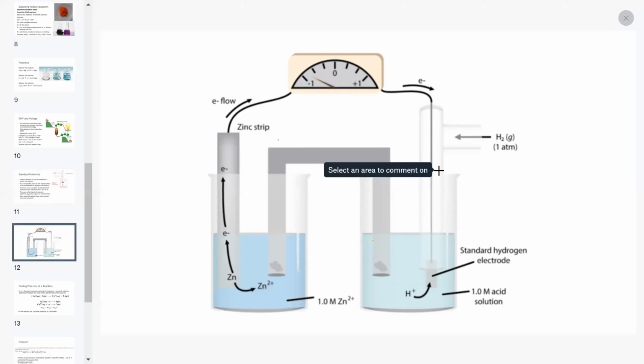So here we have H plus, and here we have one electrode. In this case, this is the cathode, because we're reducing H plus to hydrogen gas. So here we have the cathode, and you can see that electrons flow towards the cathode.